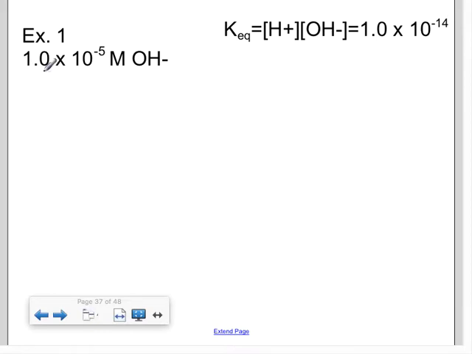I'm given the concentration of OH, and I need to figure out the concentration of my H plus. My equation is K equilibrium equals this times that. I'm solving for H plus, and this is my OH.